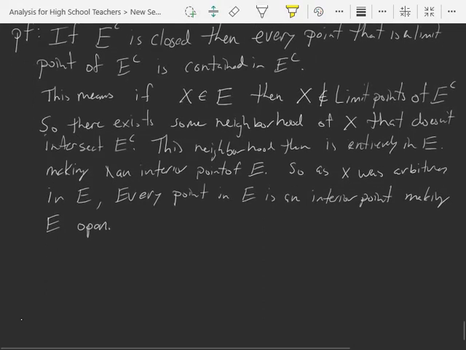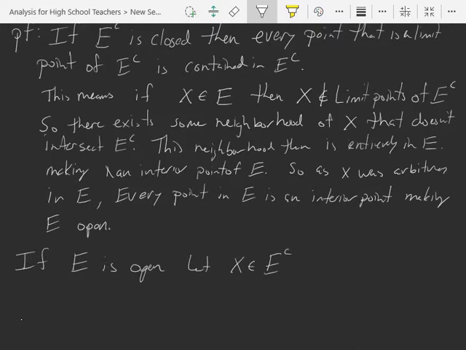The other direction, if E is open, let x be in E complement. Let's say we have a limit point of E complement.